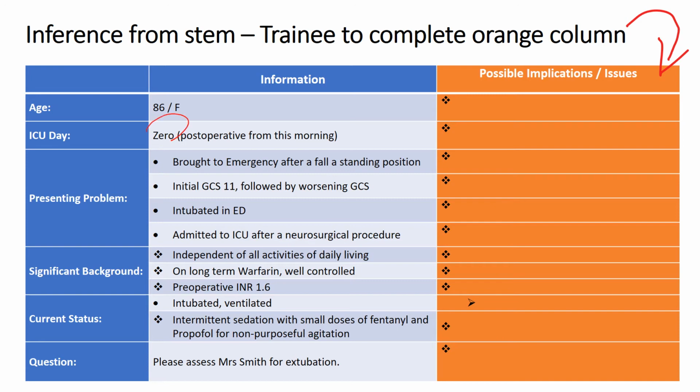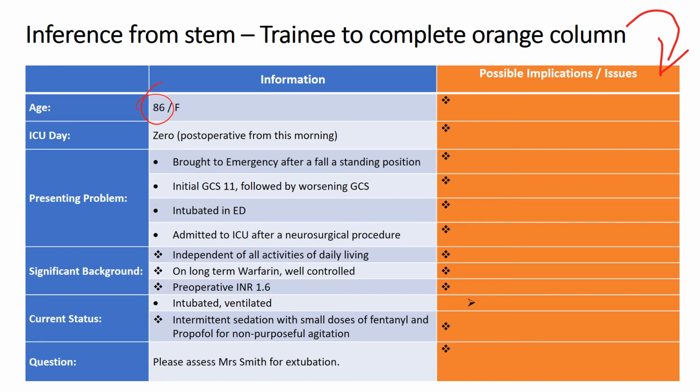Okay, it's day 0, so fresh post-op. So what are the various things? You can still have residual anesthetic or neuromuscular paralysis. You could still have acute post-operative complications such as bleeding and so on. Brought to the emergency after a fall from a standing position, which means it's trauma. But it's a low-level trauma.